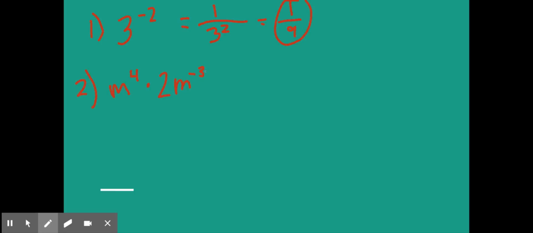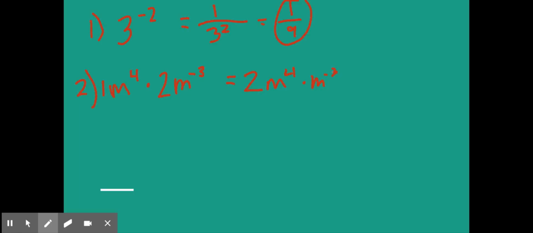Now, first we need to multiply everything together. So there's an invisible 1 in front of this m. So we're essentially doing 1 times 2, which just gets us 2. Now we have to do m to the 4th power times m to the negative 3rd power.